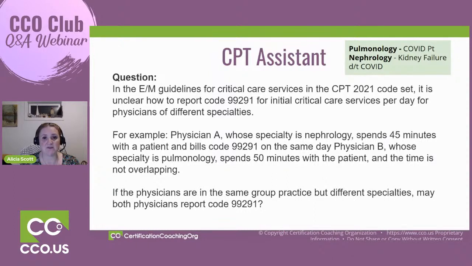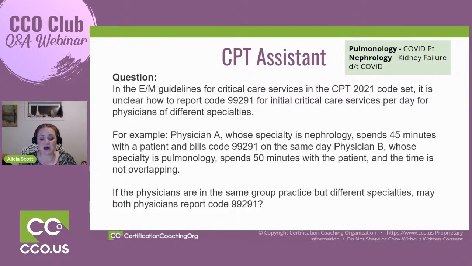And the same day, physician B, who's a pulmonologist, spends 50 minutes with the patient and the time is not overlapping. So you have your nephrologist that spends 45 minutes and your pulmonologist who spends 50 minutes.